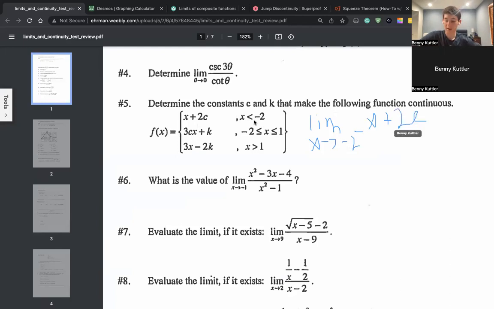And to do this, we just plug in -2 because there's no 0 in the denominator. So then we have that equals -2 plus 2c.